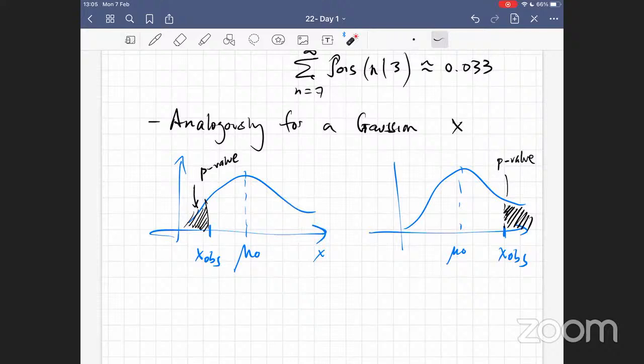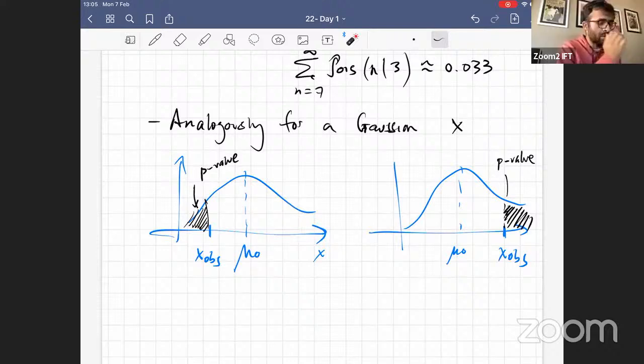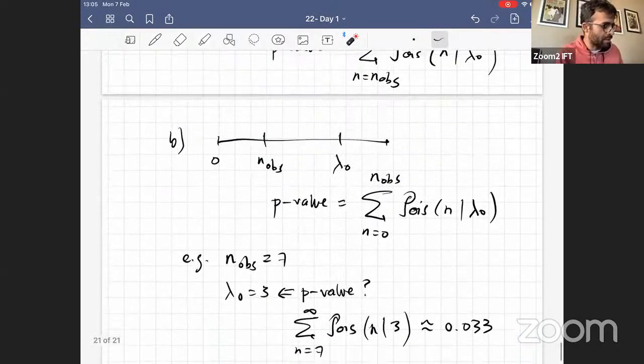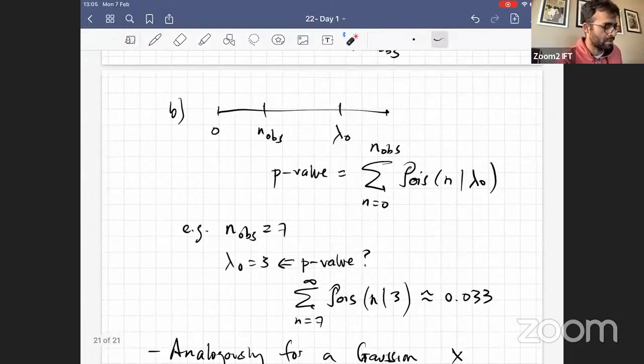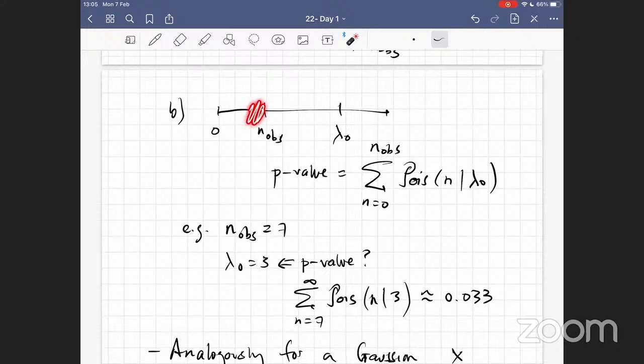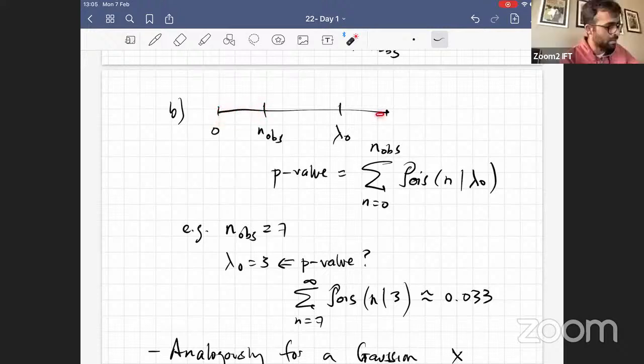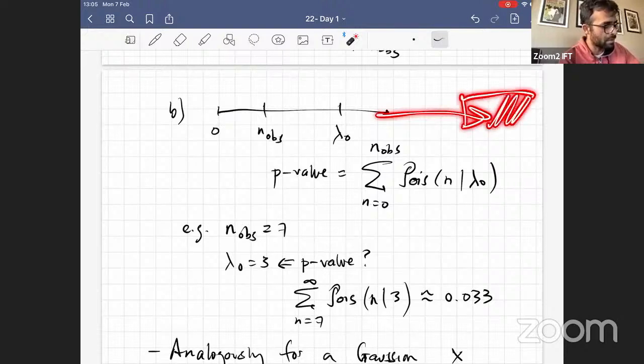But you need to refer to the data. This is what I don't get. Let's try to rephrase the thing with the Poisson distribution here. It would be like, okay, I need to sum everything here, but also something here, right?